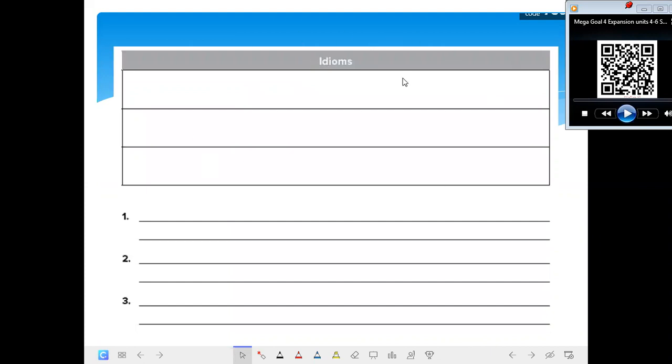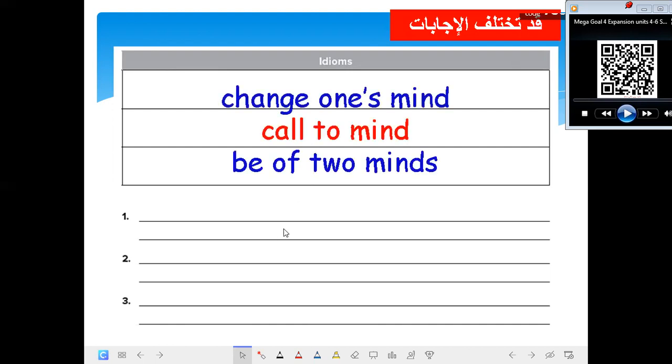Here in this chart, we have to write the idioms to describe this picture, and the answers may be different, but you can write the same or your own answers. And here under the chart, we have to write the sentences to describe this picture using these idioms. Okay.